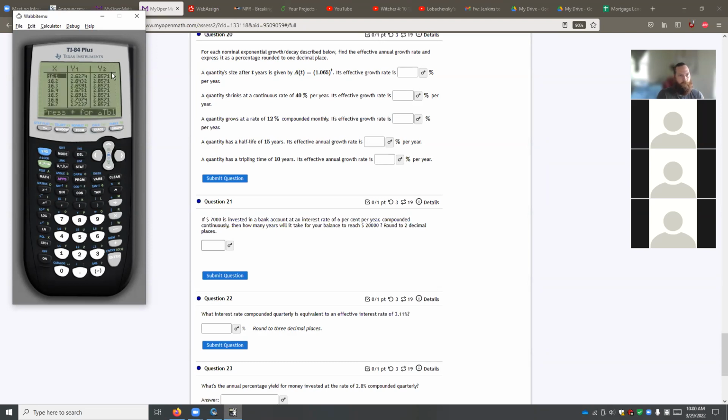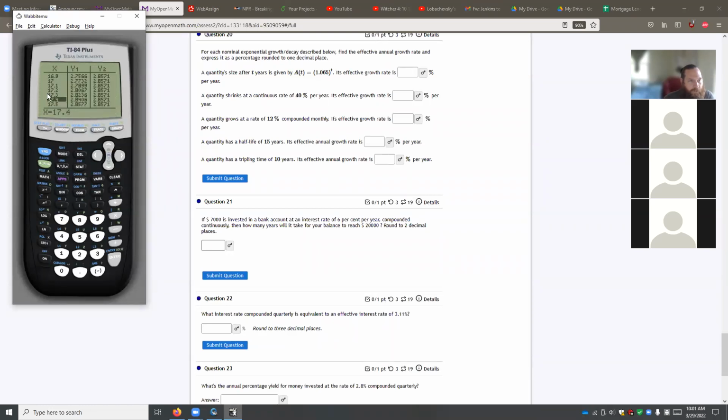Then we'll go look at the table. Again, I'm looking for the place where y1 and y2 are equal. Looks like we need to go down quite a bit. 2.8571 is what I'm looking for. It appears to be between 17.4 and 17.5. This y1 is too small, and this y1 is too large.